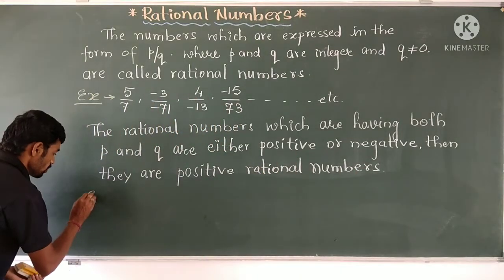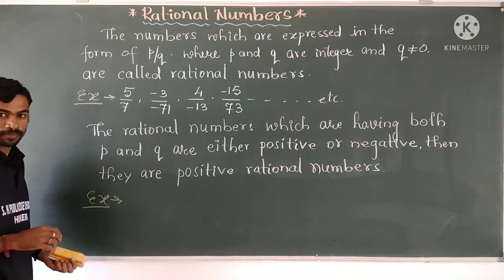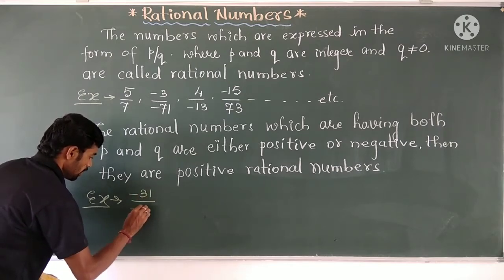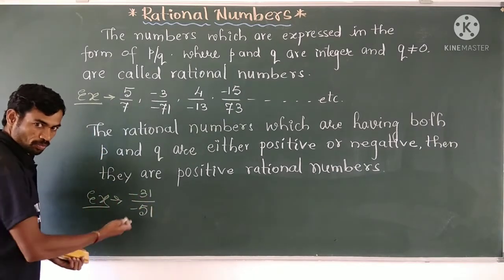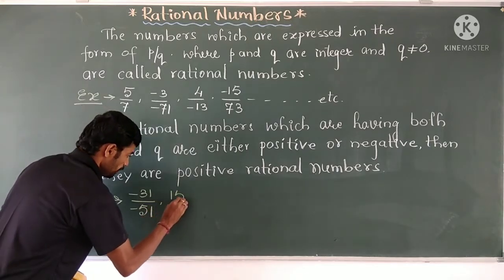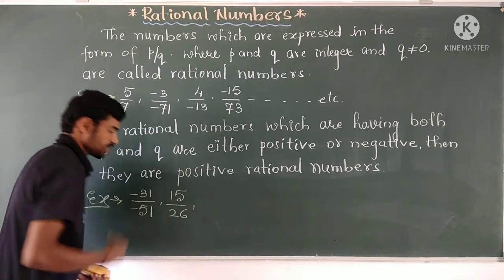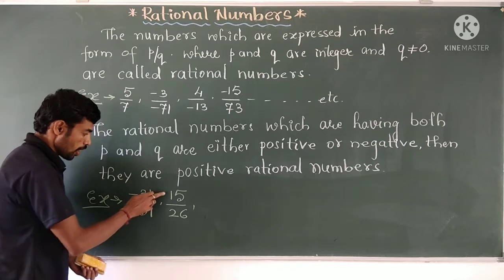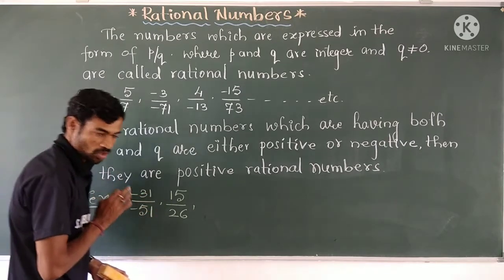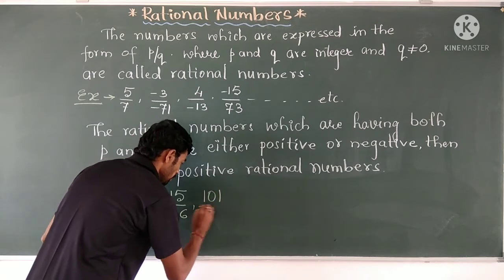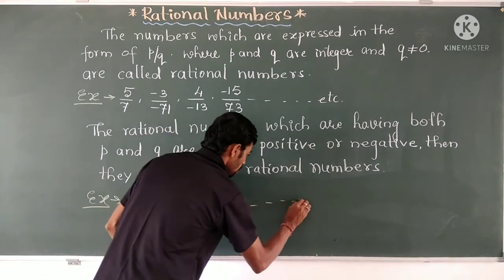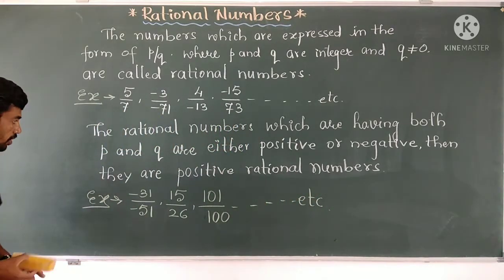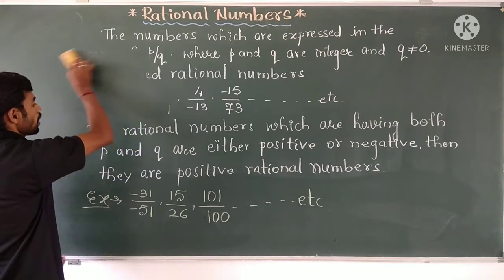Examples: minus 31 by minus 51, 15 by 26, 101 by 100. So these all are positive rational numbers.